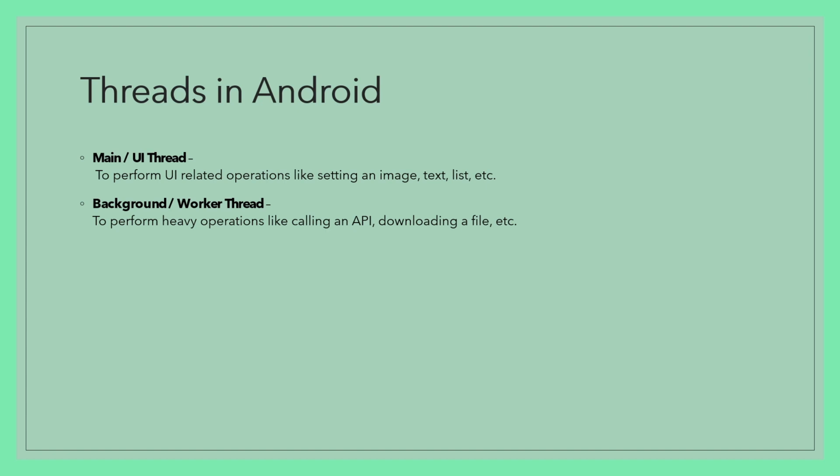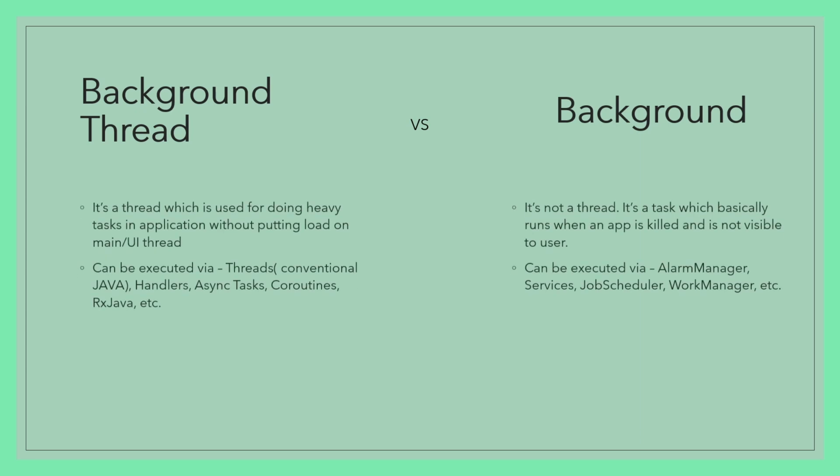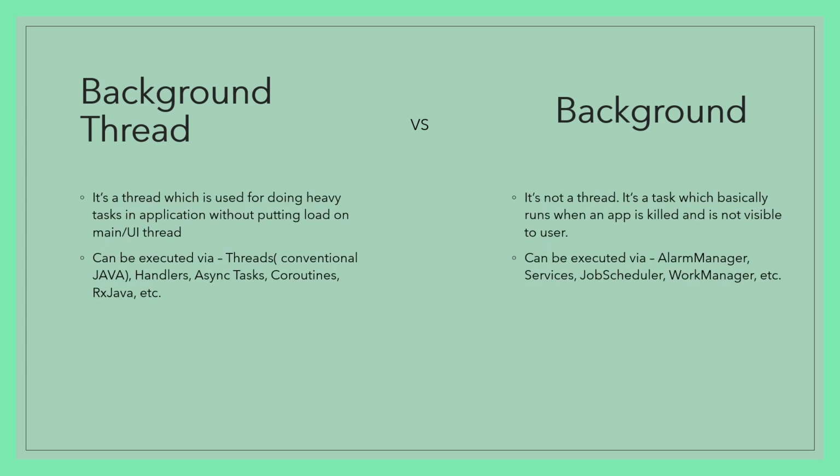Coming back to the topic of background thread versus background. Background is, in a brief way, whenever we are doing any task and the app is not in the running mode, we consider it in the background state. Suppose you are playing music and you have killed the music app, and it is still playing music.